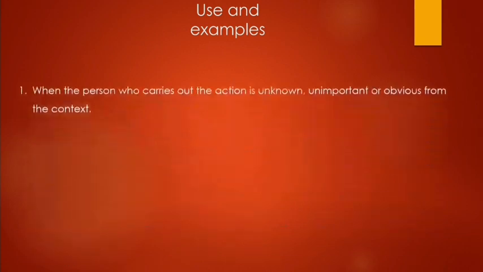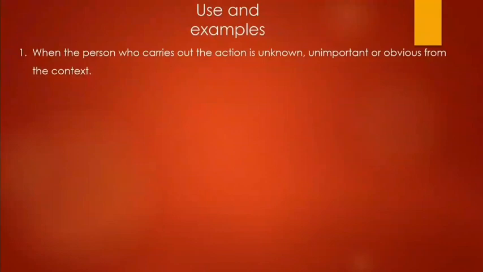Now let's turn back to the use of passive, but this time with the introduction of some examples. So once again, we use passive voice when the person who carries out the action is unknown, unimportant, or obvious from the context.